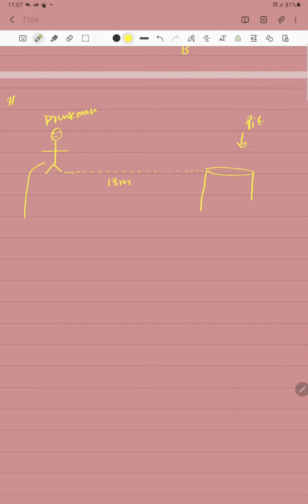The drunk man is moving in such a way that if he goes 5 steps forward, then he returns 3 steps backward. Okay, firstly he moves 5 steps forward, then the next 3 steps will be in the backward direction.